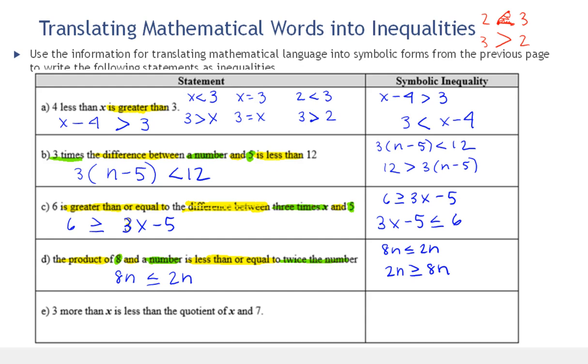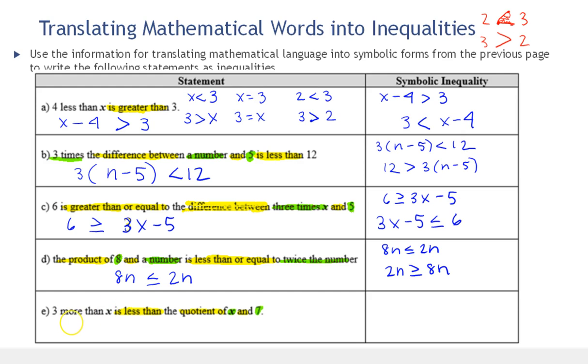And looking at the last one, 3 more than x is, so I'm going to start highlighting, is less than, so that's a strict inequality, there's no "or equals to", the quotient of x and 7. So looking at the right-hand side, we have the quotient of, and there's the "and", so the two values we're finding the quotient of are x and 7. On the left-hand side, we have 3 more than x, so that means we're going to add 3 onto x.